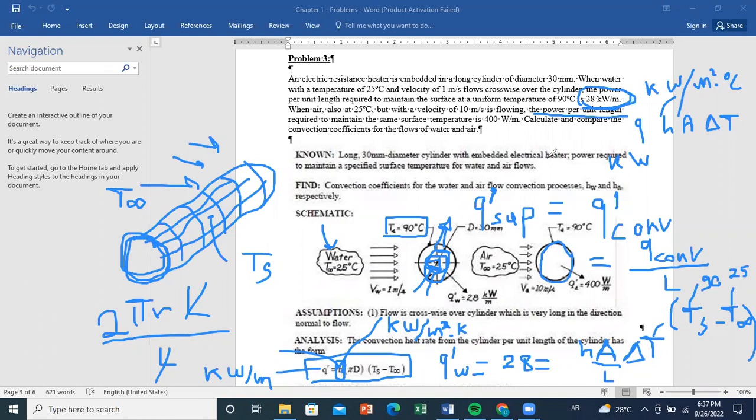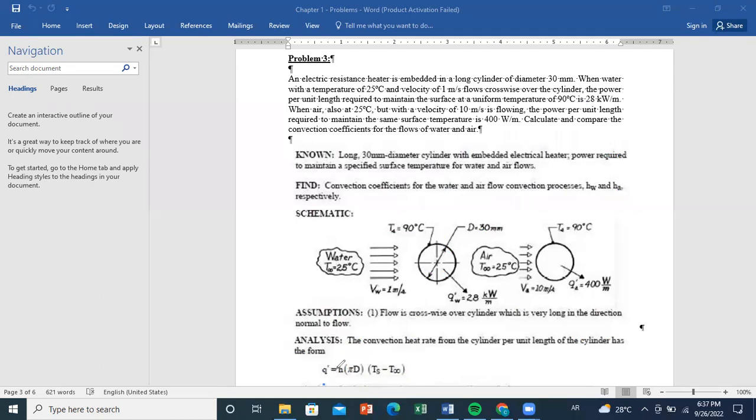And as expected, because Q prime needed to maintain a constant temperature of the cylinder when exposed to air is equal to 400 watt per meter, while in case of water, the flux needed is 28 kilowatt per meter, we can just then compare the two convective coefficients.